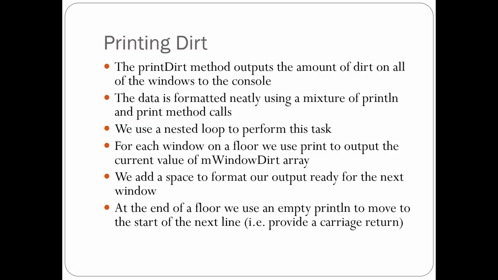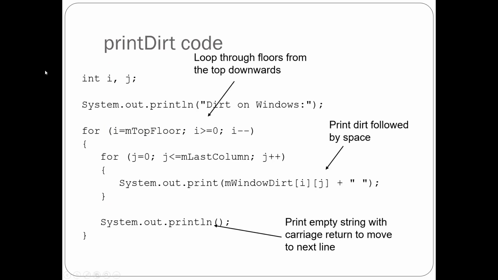But we're going to use the system.out commands to output the data to the console window, and then we'll be able to see the building complete, as opposed to having to keep clicking OK at the end of every line. And this is how we're going to do it.